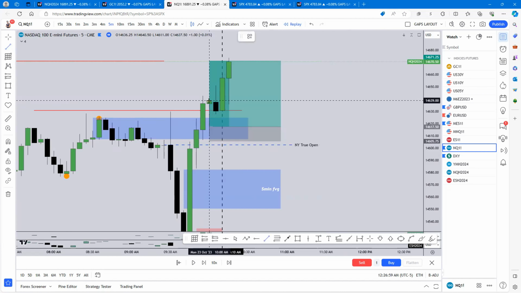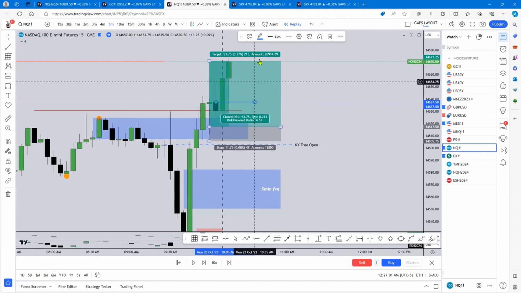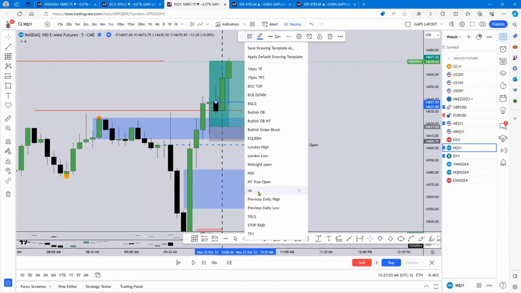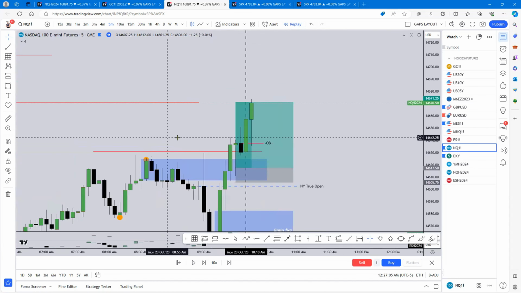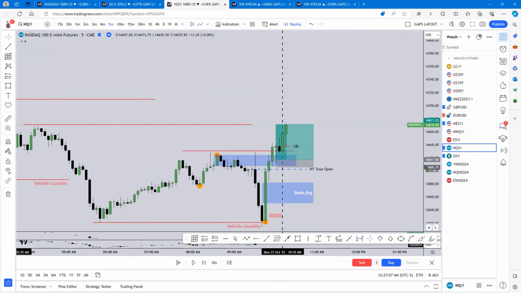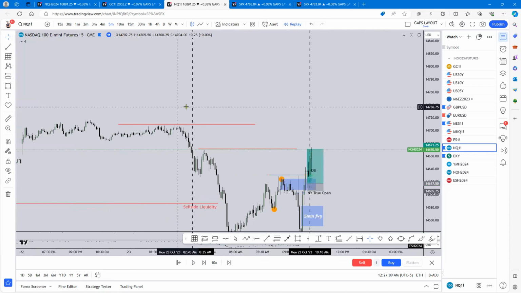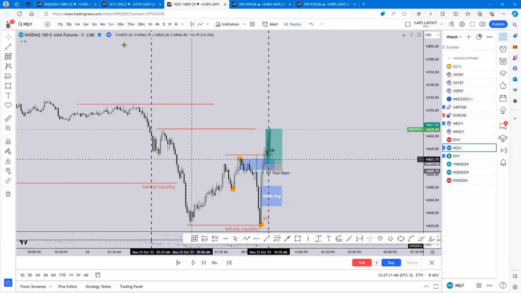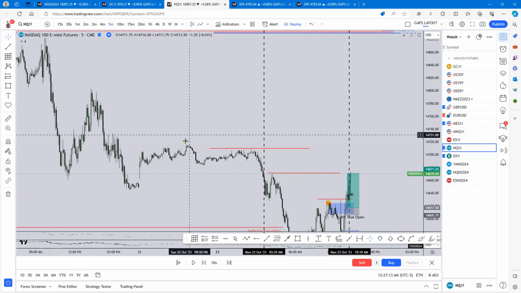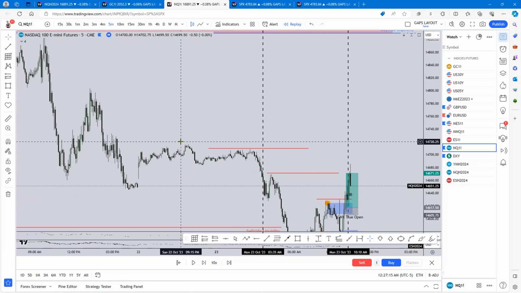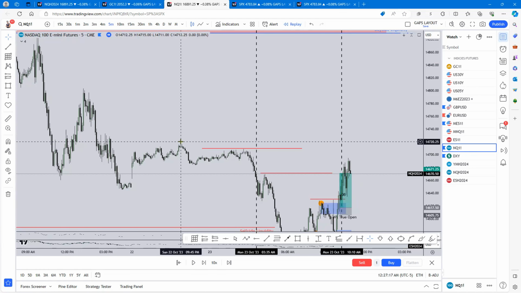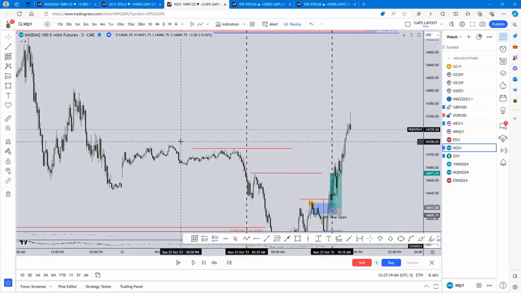Then we have this order block in here, respected. Right? Because the draw, short-term internal range liquidity are these highs in here. Right?